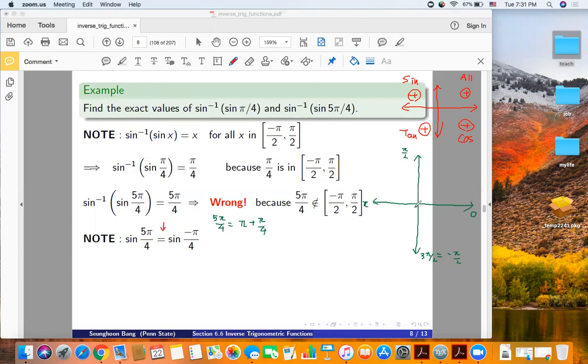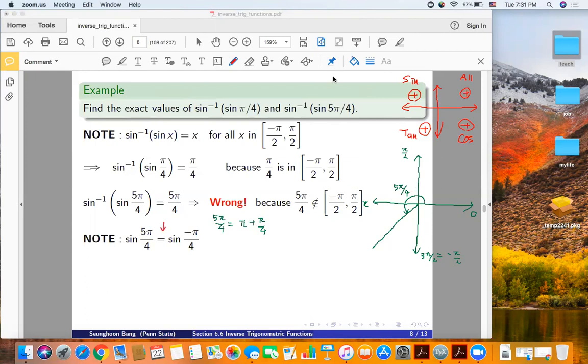This angle is 5 pi over 4. So let me see. I can use the previous result.